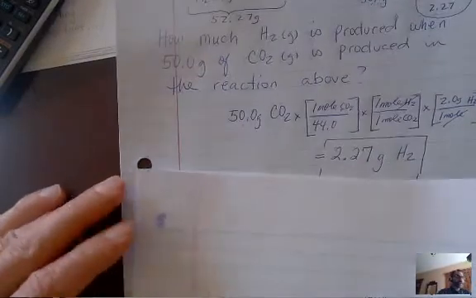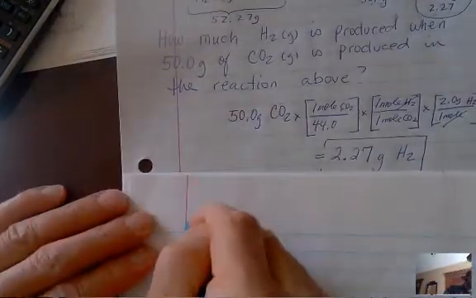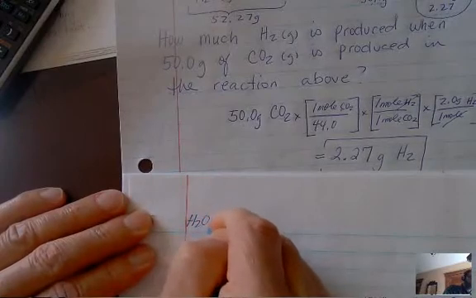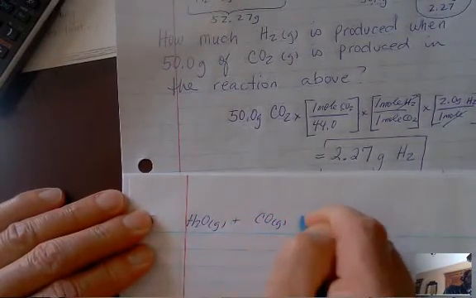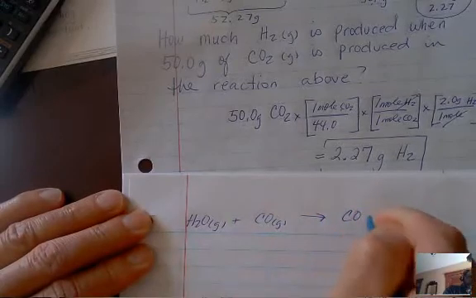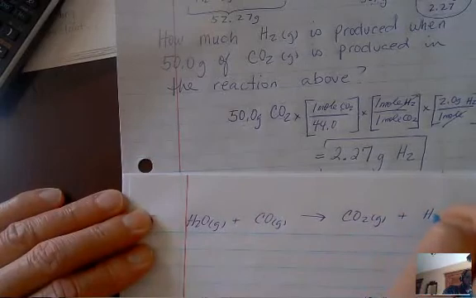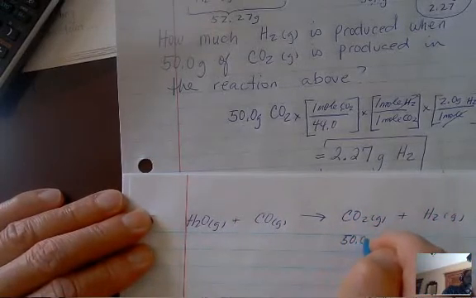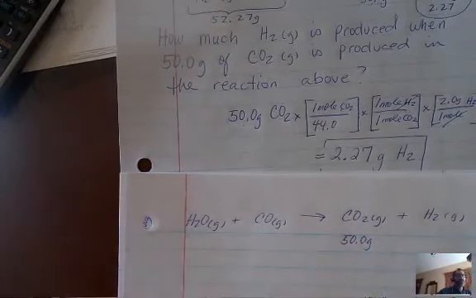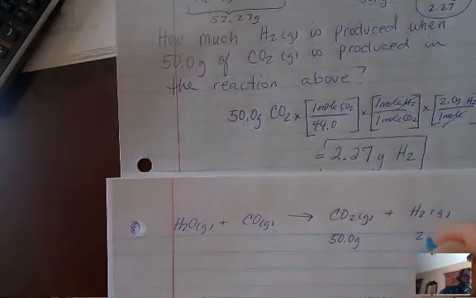Okay, so if I rewrite my balanced chemical equation, I had water gas plus carbon monoxide gas makes carbon dioxide gas plus hydrogen gas. Okay, so this guy is 50.0, because that's what we were originally told. We just calculated this guy came out to 2.27 grams.